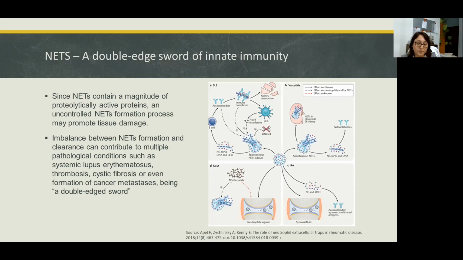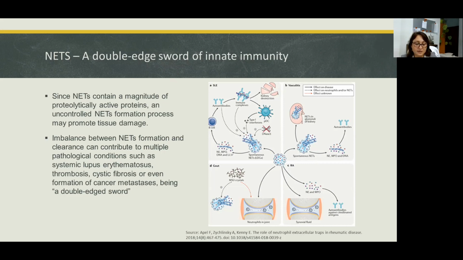Various groups have proposed that aberrant NET formation may be important in the generation of autoimmune responses in predisposed individuals. This hypothesis is supported by the observation that initiation or exacerbation of autoimmune diseases often occurs following microbial infections.